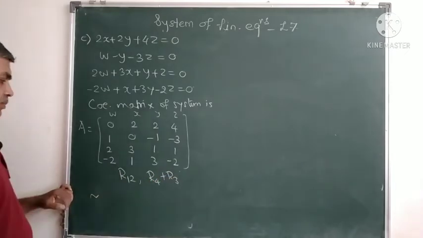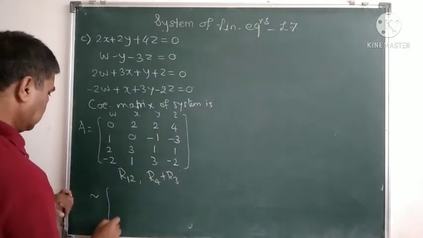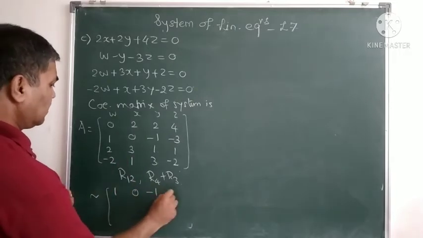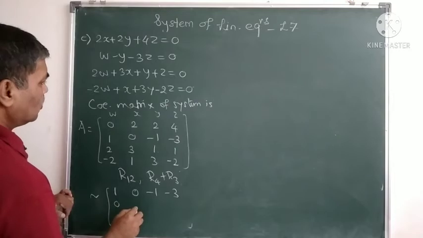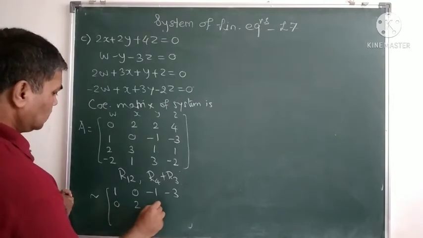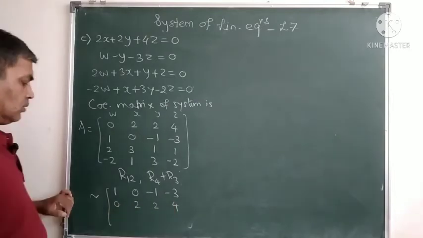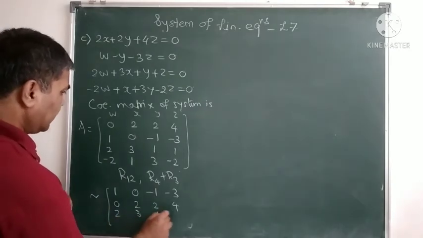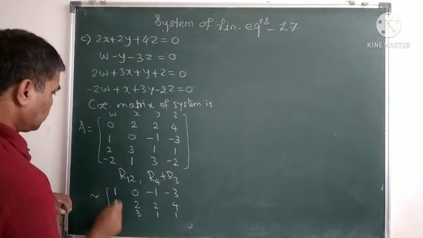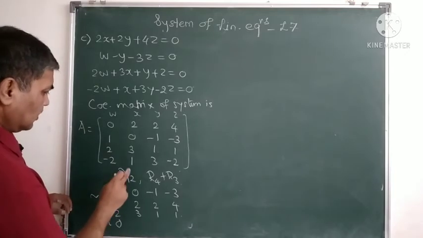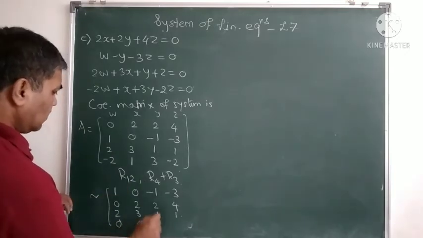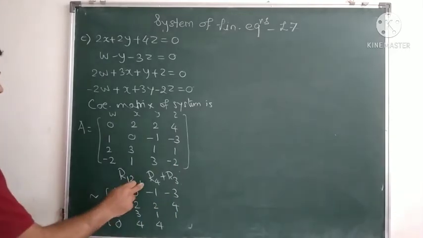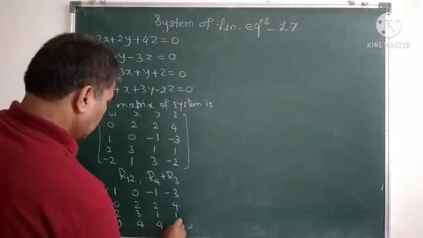That gives us 1, 0, minus 1, minus 3, 0, 2, 2, 4, then 2, 3, 1, 1, and 2 plus 2, 2 minus 2 is 0, 3 plus 1 is 4, and the next one is 1 minus 2, that is minus 1.